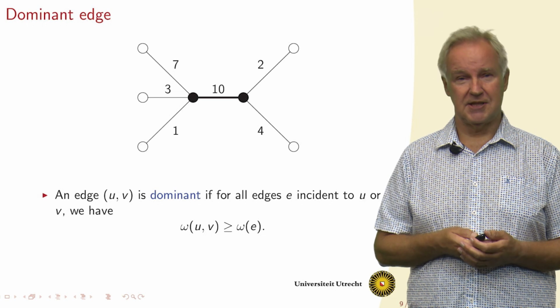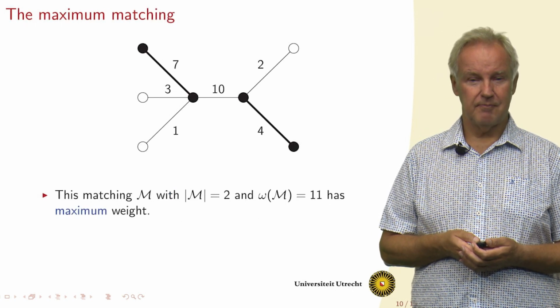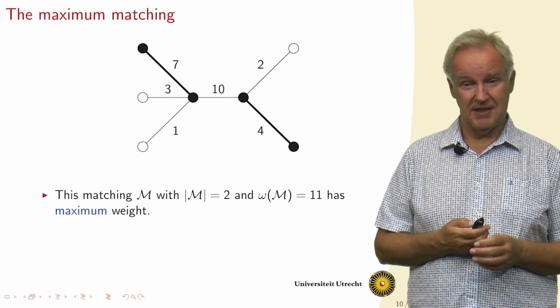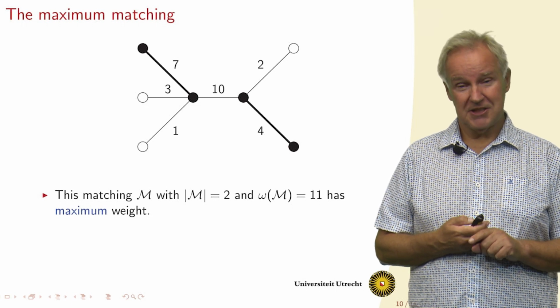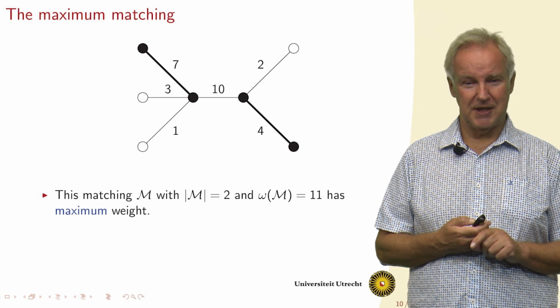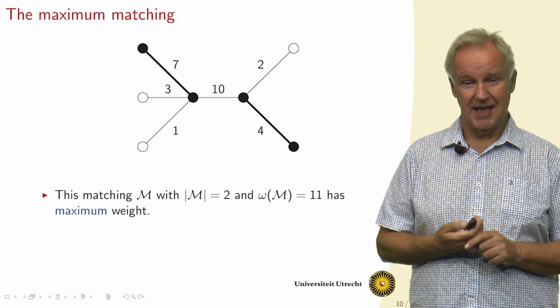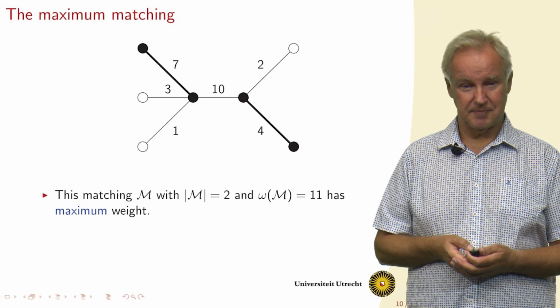Larger than or equal is sufficient. That's a dominant edge. If we choose the dominant edge, this 10, we cannot include anything else. This actually would not give the maximum matching, because if you include 7 and 4, you get a weight of 11, which is higher, and that is the optimal matching in this case.